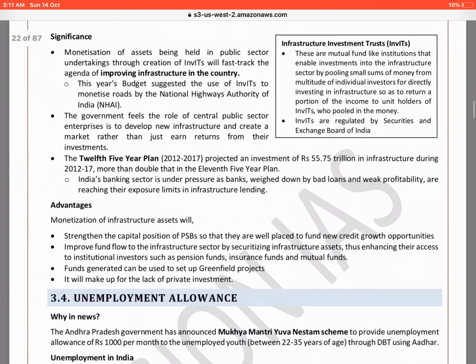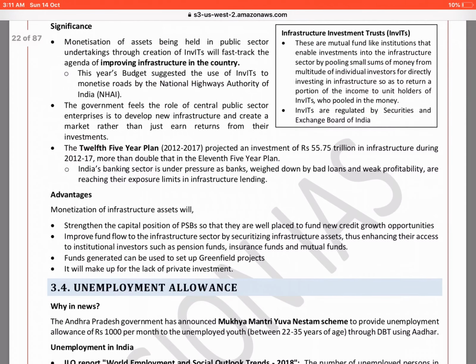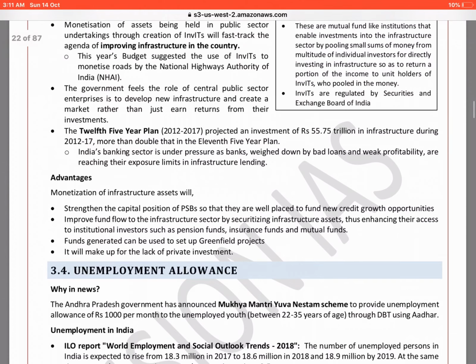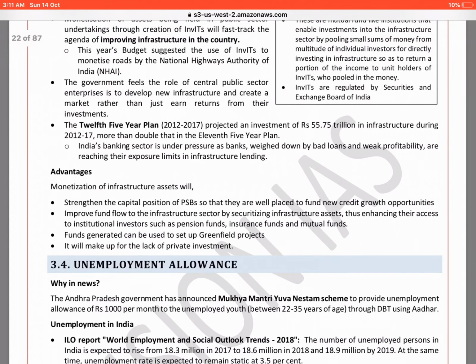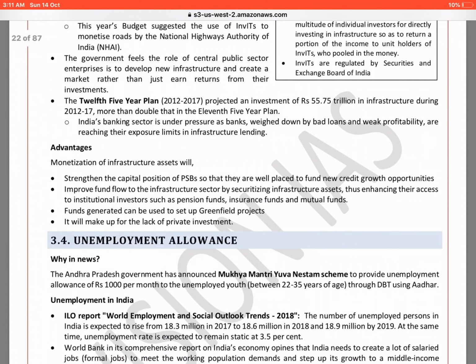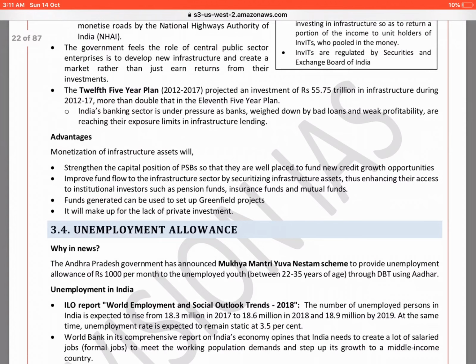So how they are going to do it is monetization of assets being held in public sector undertaking through creation of InvITs, which will fast track the agenda of improving infrastructure in the country. This year's budget suggested the use of InvITs to monetize roads by NHAI, and the government feels the role of central public sector enterprises is to develop new infrastructure and create a market rather than earn returns from their investment.